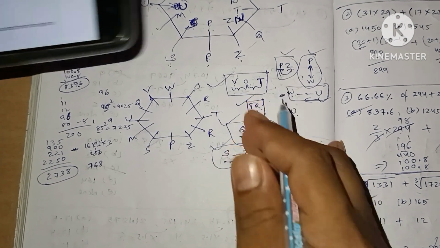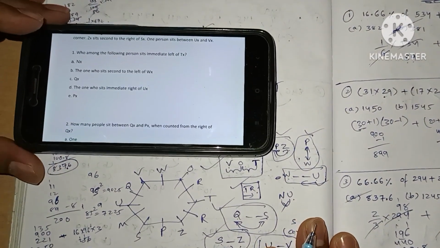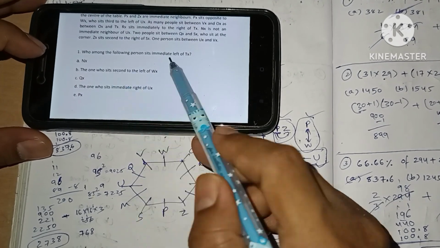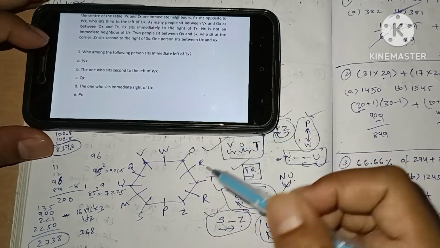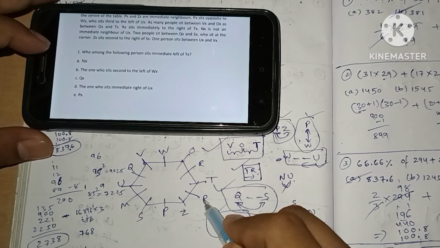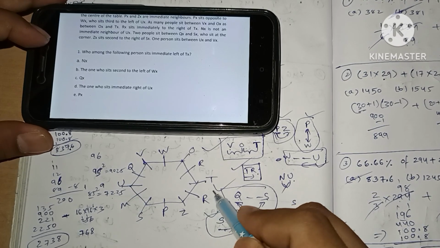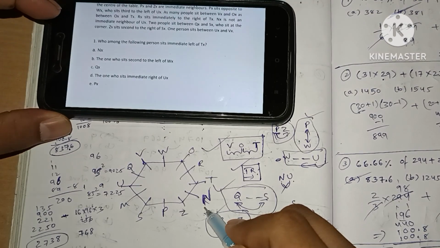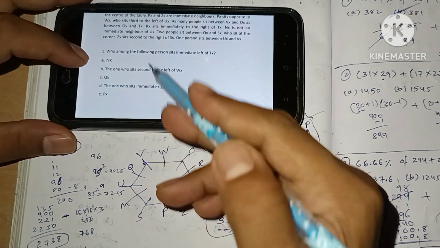Now let's see the questions that are asked. First question: who among the following persons sits immediate left of T? Wait a second, T is here, it is the place for N. So here option A is our answer.